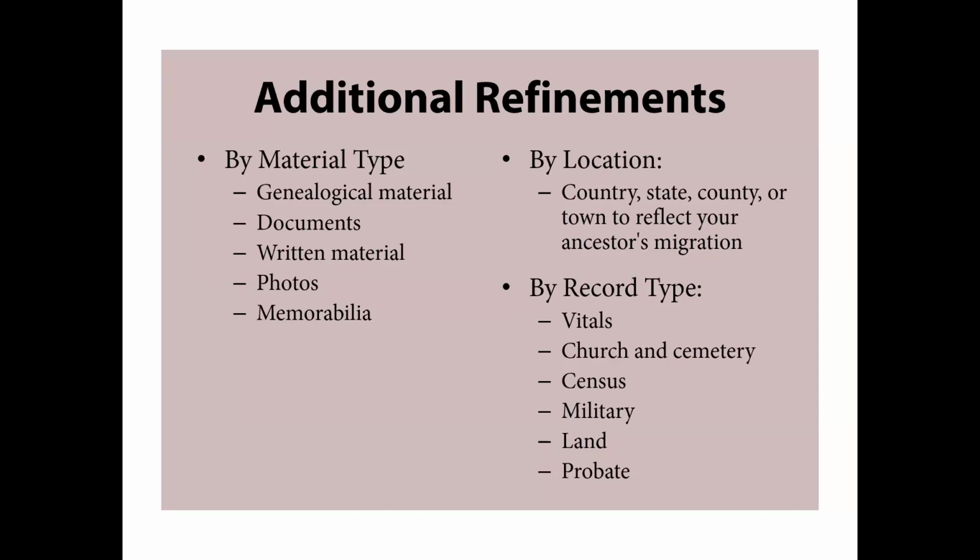You might want to keep the records from back in New England separate from the Ohio ones. And then you could start refining by record type: vital records, church records, cemetery records, census, military, deeds, probates. It really depends on what you want to use it for.